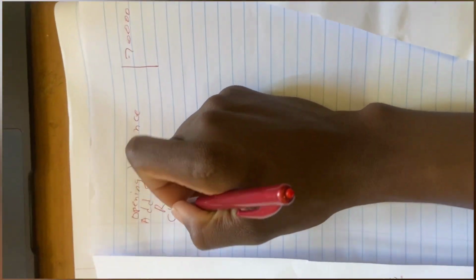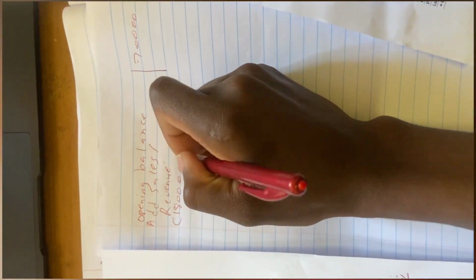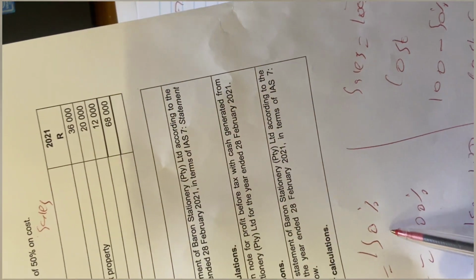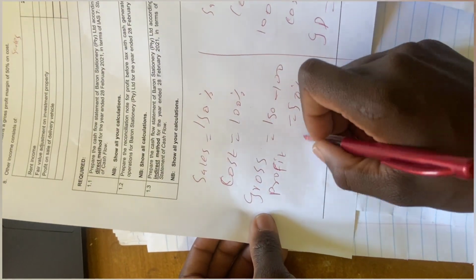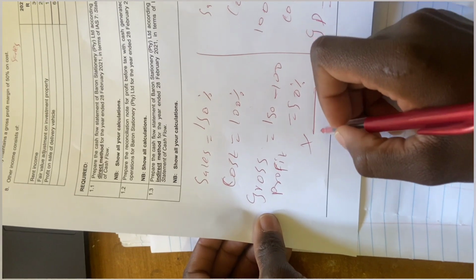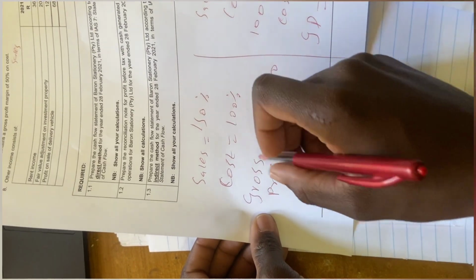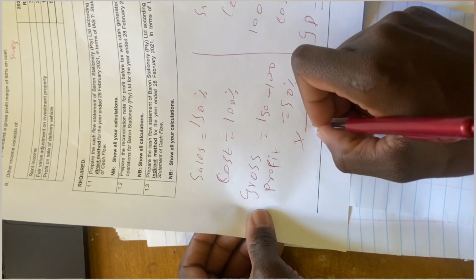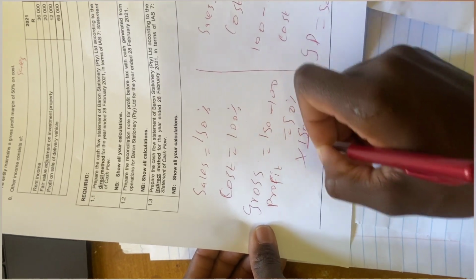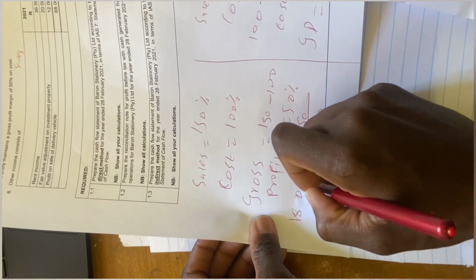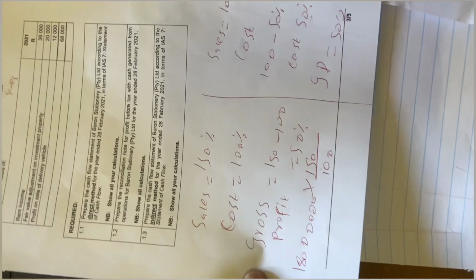Okay, let's get to the top. We have the cost of sales of 1.8 million. We are looking for the sales amount. The sales amount has to be 150%. Up top, you have the cost of sales as 100%. You are looking for 150% of 1.8 million.